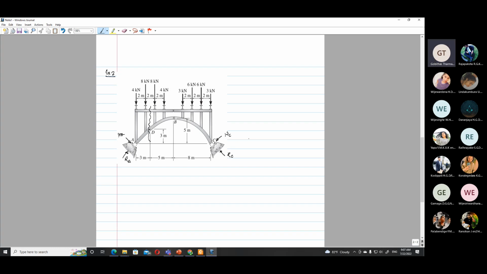So you can mark it like that, or if you want, you can mark vertical and horizontal as well. No harm.